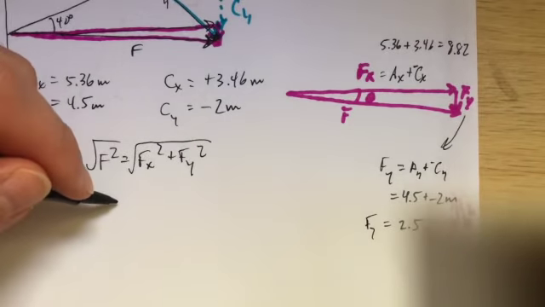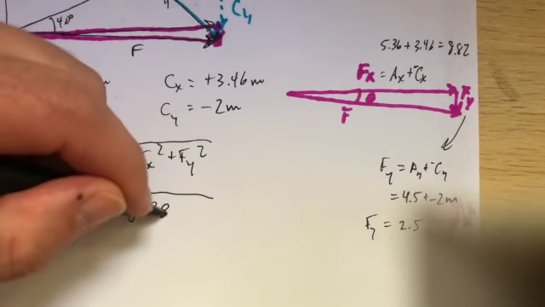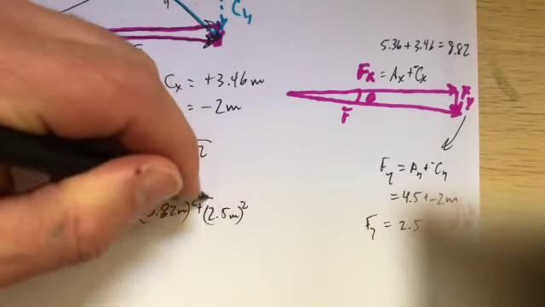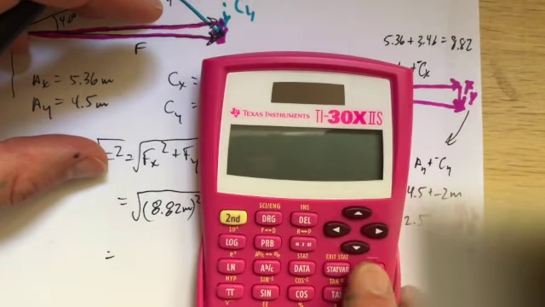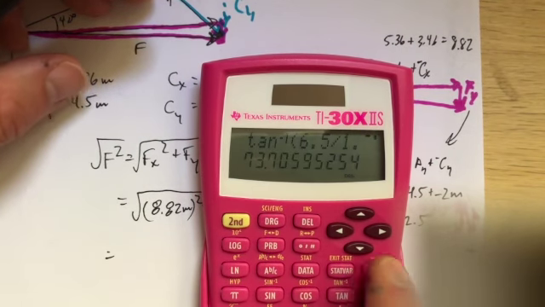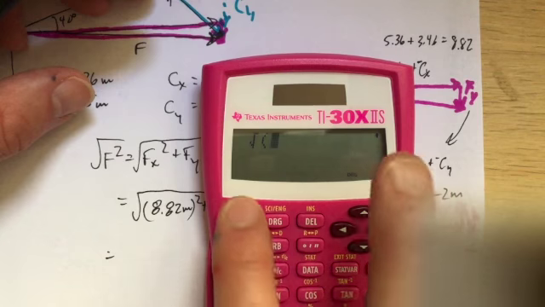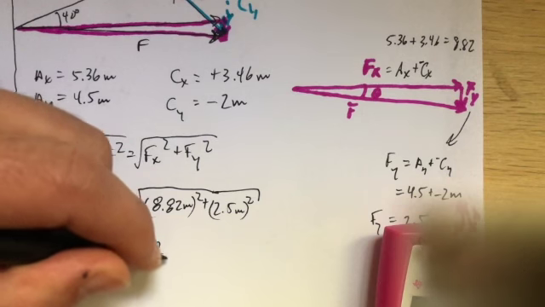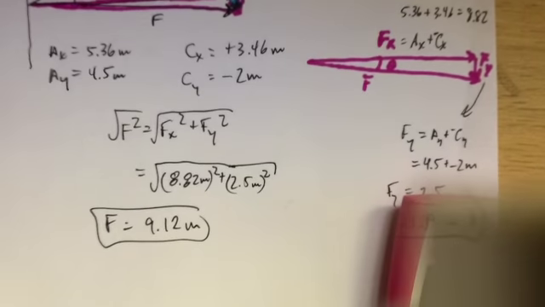All right, so let's figure out the length of F. Square root of 8.82 squared plus 2.5 squared equals, take the square root, and I get 9.12 for F. What's that angle going to be?